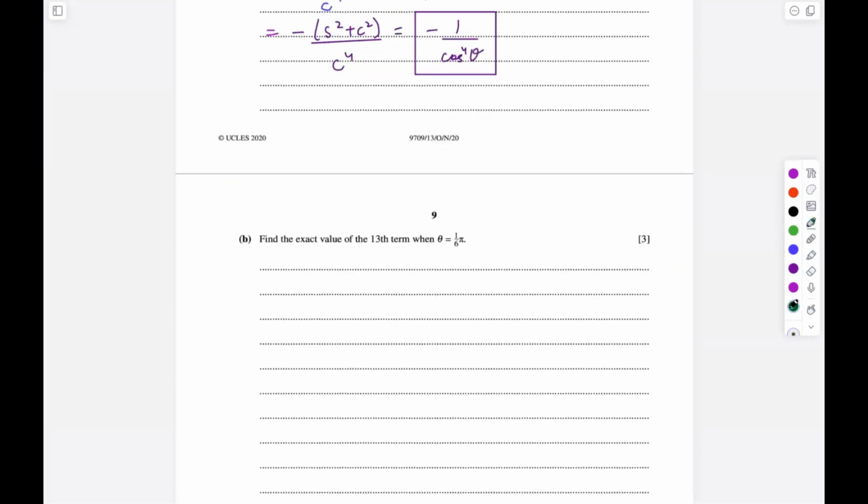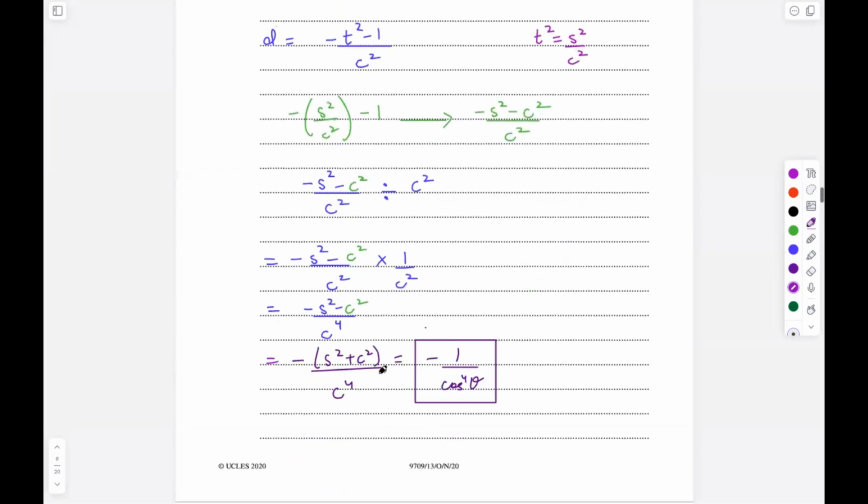In part B, it says find the exact value of the 13th term when theta is equal to 1 upon 6 pi. Now we know that the nth term of an arithmetic progression is given by a plus n minus 1 into d. So the first term in this question was given as 1 upon cos squared.